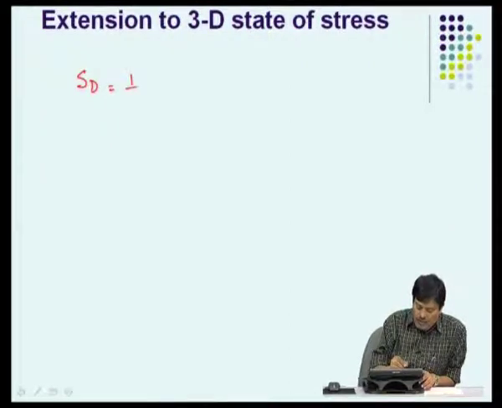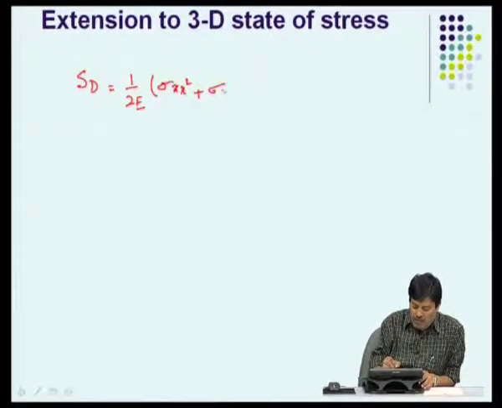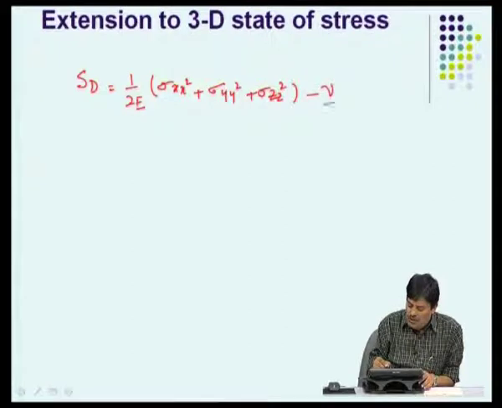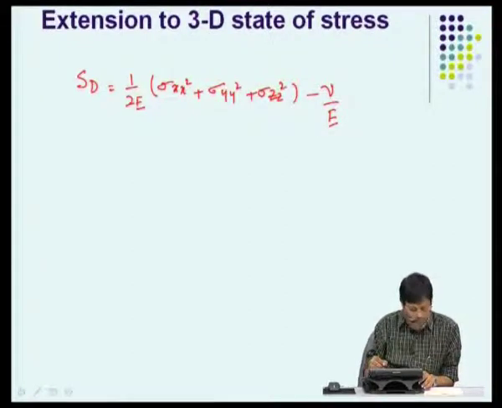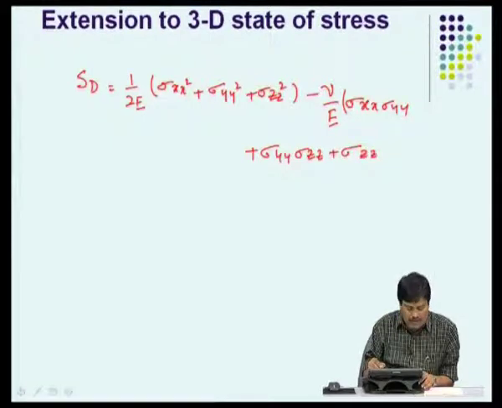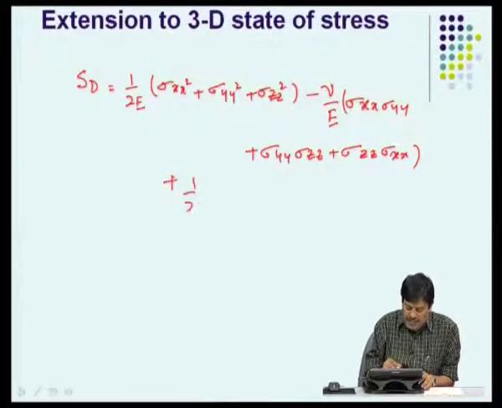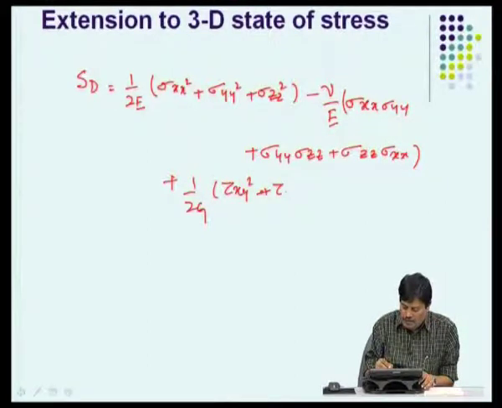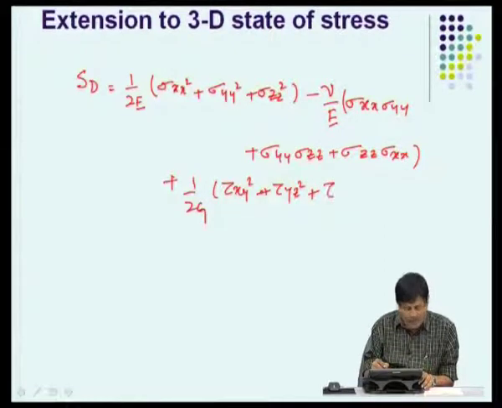It would be equal to 1 by 2 E into sigma xx square plus sigma yy square plus sigma zz square, minus nu by E, where nu is nothing but the Poisson's ratio, into sigma xx sigma yy plus sigma yy sigma zz plus sigma zz sigma xx, plus 1 by 2 G into tau xy square plus tau yz square plus tau zx square.